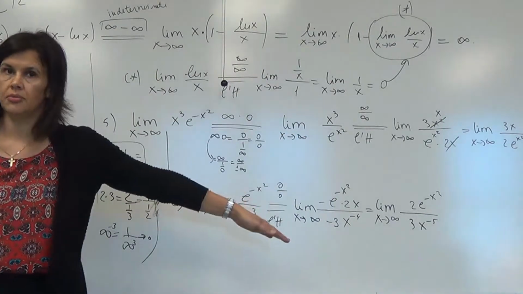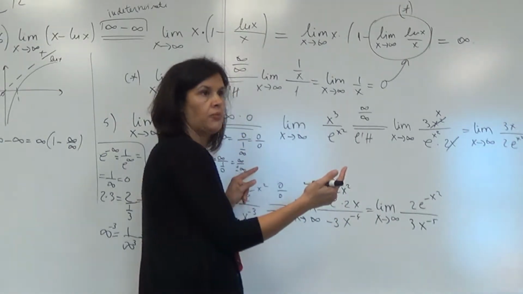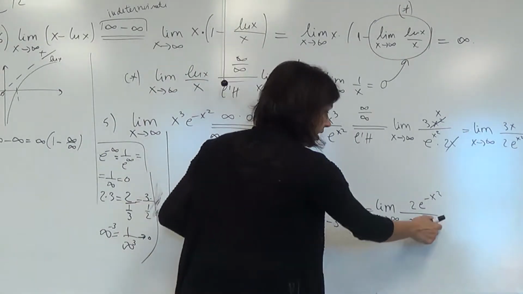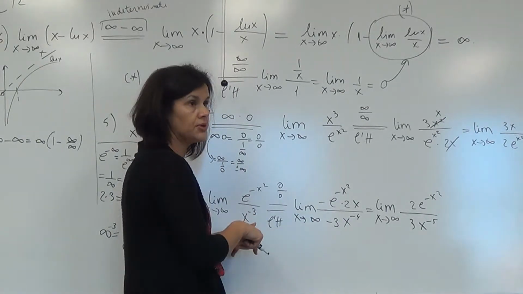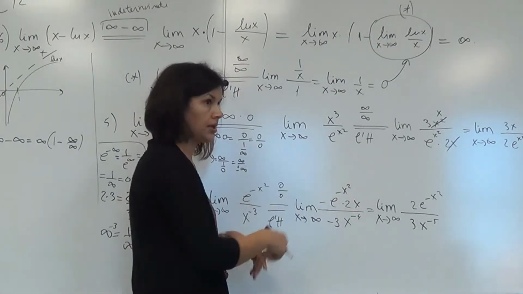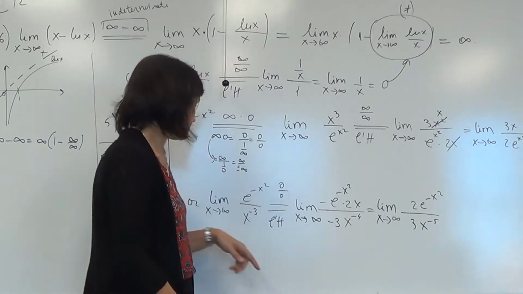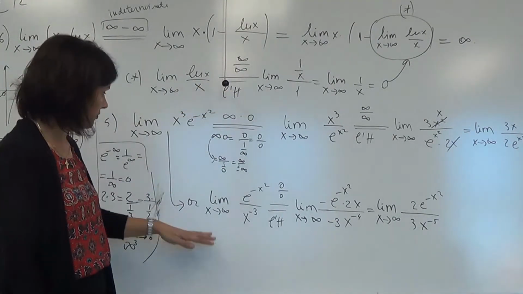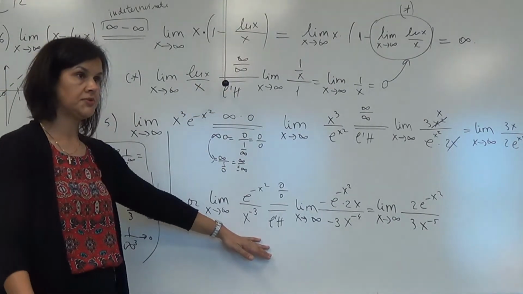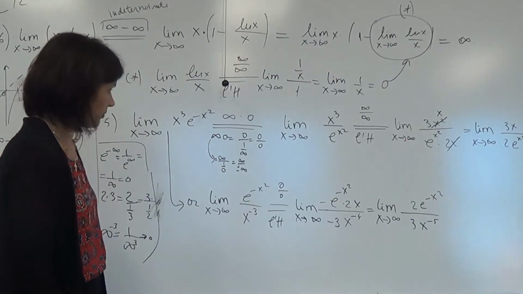Do not continue, because you notice that this exponential all the time will be there, but x to negative 3 now is increasing in absolute value. So you will end up with x to negative 7. So this is not a good way of writing infinity times 0. So if you started with this one, figure out if it's worth continuing L'Hopital or not, or change it to the other one.